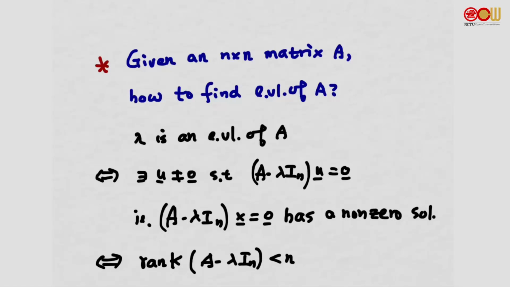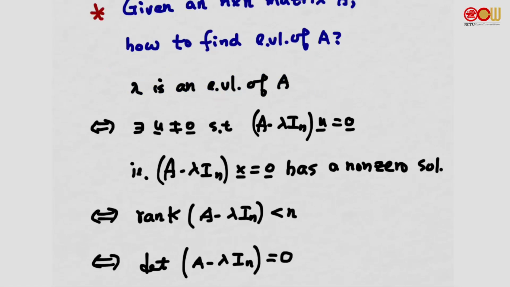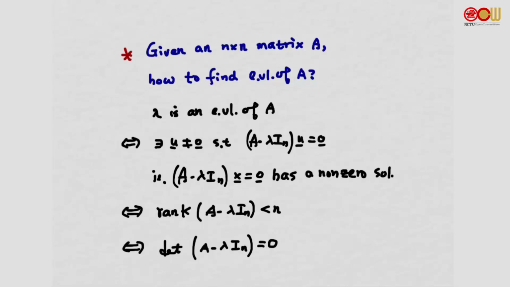And we know the rank of a matrix is less than n if and only if the determinant is equal to 0. So now we get the conclusion that lambda is an eigenvalue of A if and only if the determinant of A minus lambda identity is equal to 0, if and only if this matrix is not invertible.